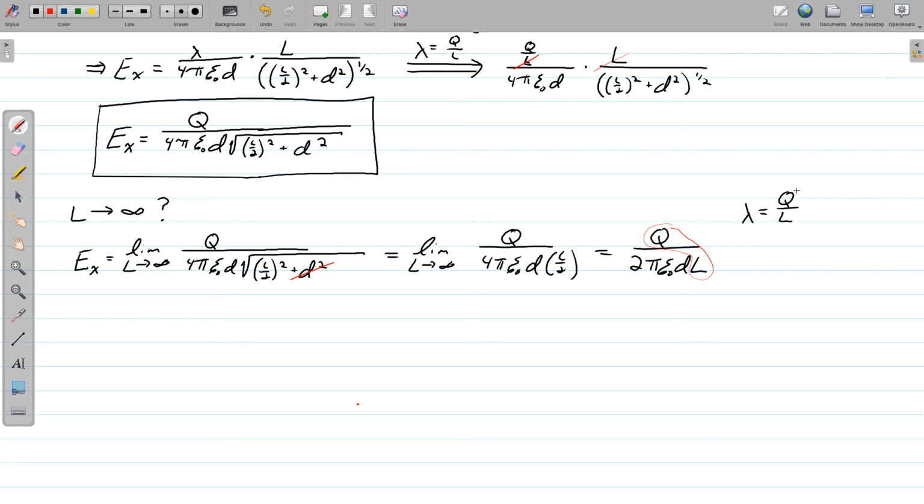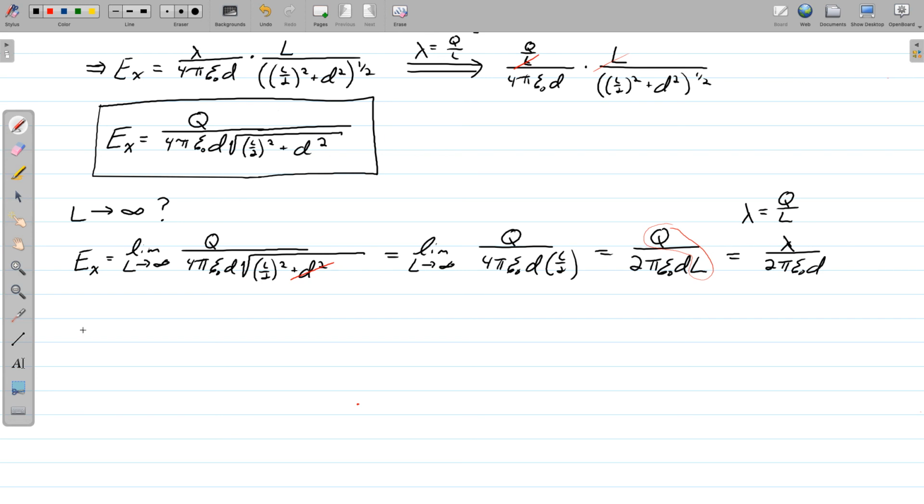So we could throw the lambda back in, and the answer would be lambda over 2 pi epsilon naught d. So if you had this ratio of charge to length and you know how far away you were from this infinitely large wire, you could still answer the problem.